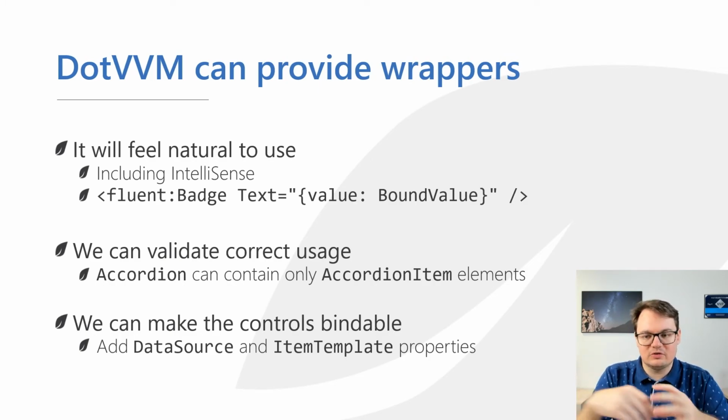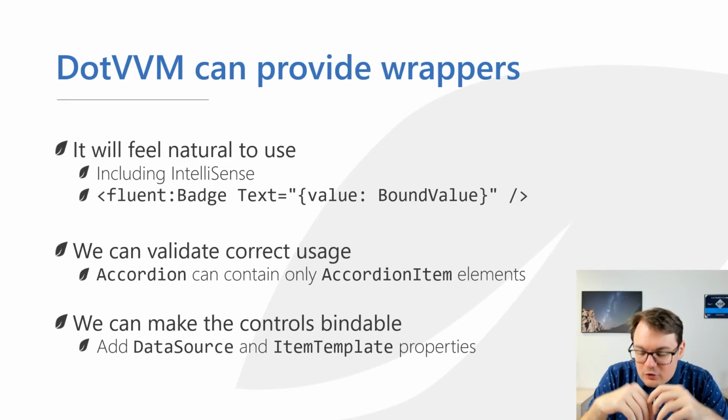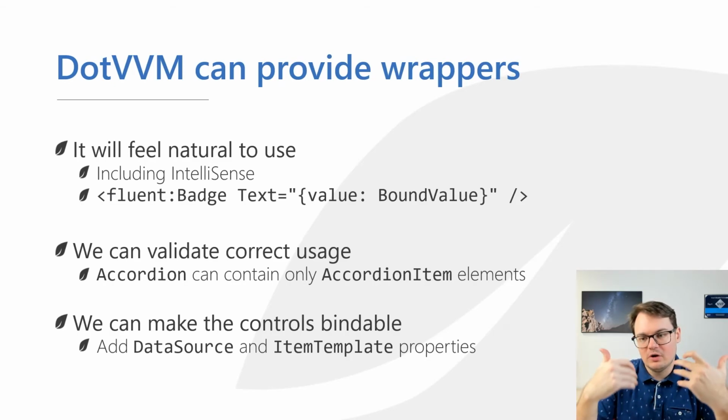We can do this with DotVVM, so it's only a matter of writing good wrappers over the controls. We can also validate control usage in the hierarchy of elements. For example, if you use the accordion control, DotVVM can restrict the inner elements to be just the accordion items and nothing else. Yeah, this is what DotVVM is capable of.